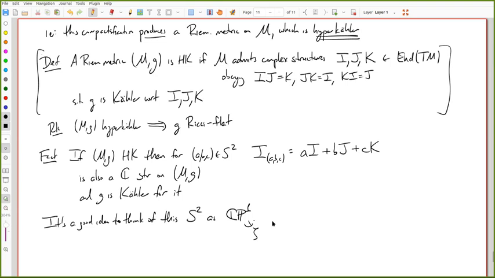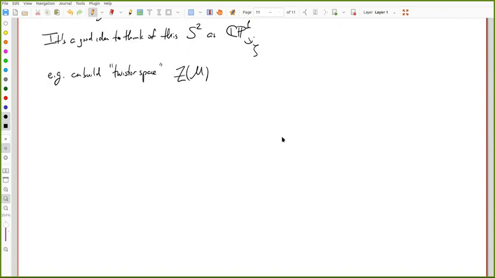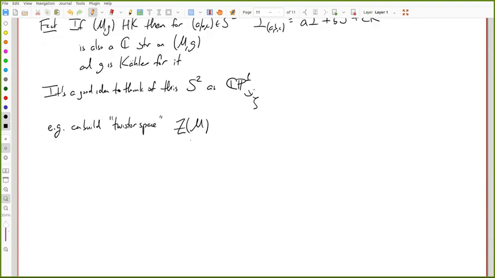And one aspect of that is that you can build a twistor space Z of M. So given a hyperkähler manifold, I can put together all of its complex structures into a single complex space, which is fibered over CP1.